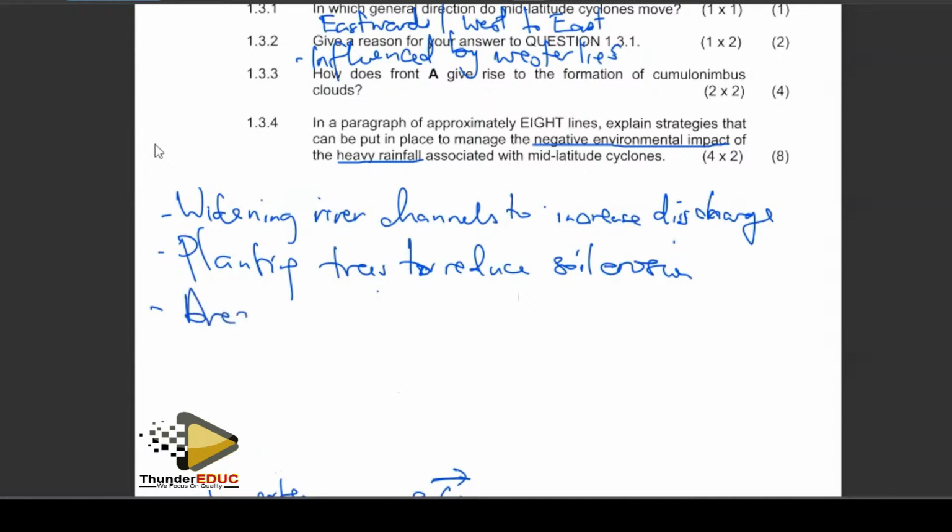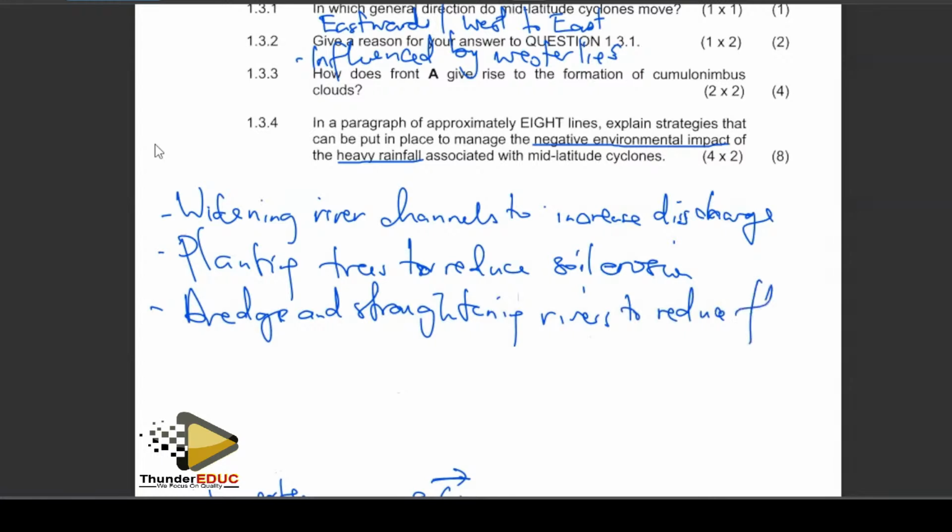Or we can talk of dredging and straightening rivers to reduce flooding. Winding rivers have got more risk of flooding than straight river channels.